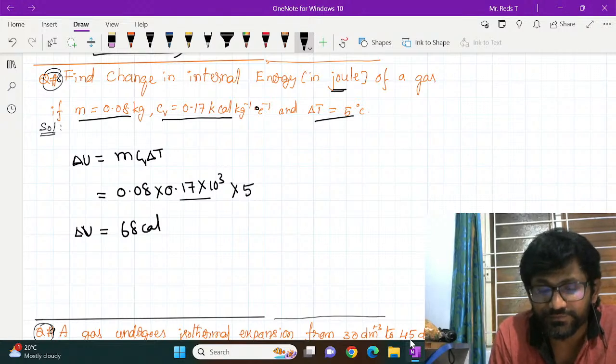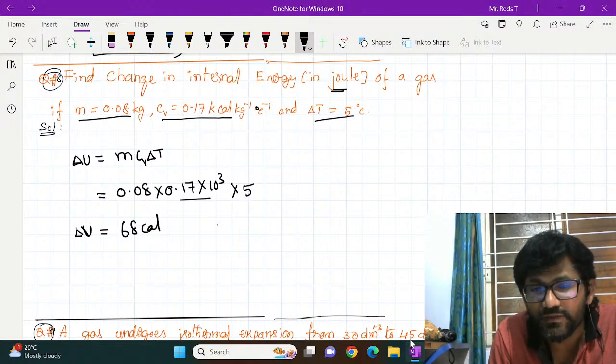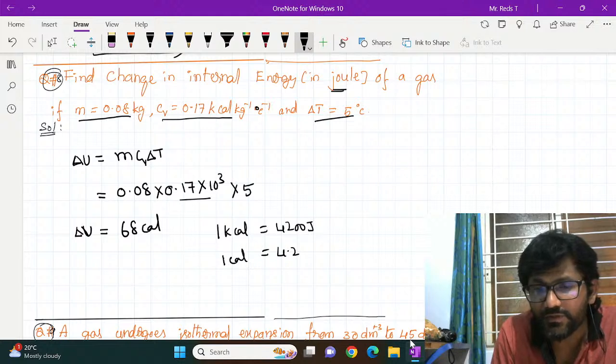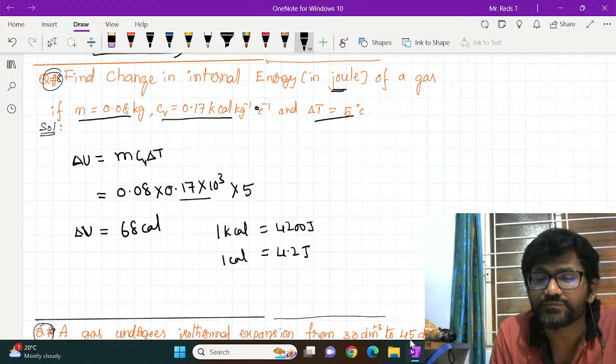1 kilocalorie is equal to 4200 joule. Directly you should have substituted, or 1 calorie is equal to 4.2 joule.